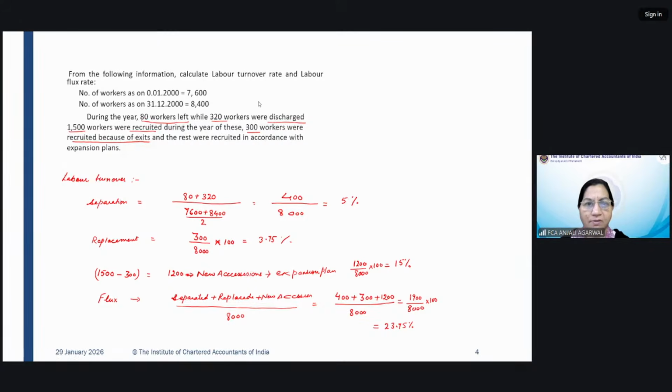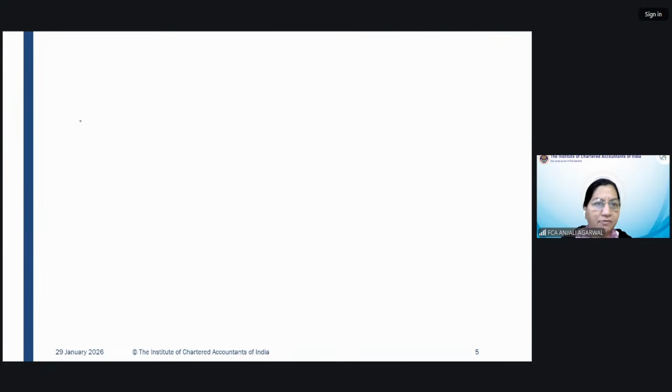Right. We next talked about the incentive plans also, from which we will continue our sessions. So I'll recall, first was the Halsey plan. It said that pay the worker bonus on time basis.